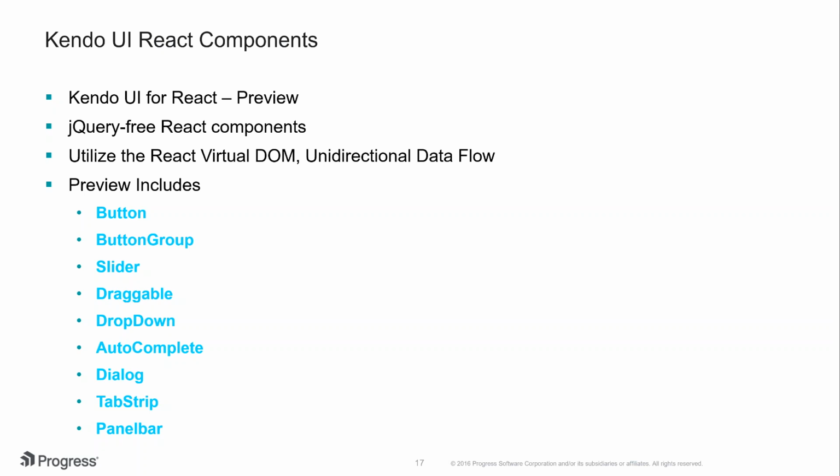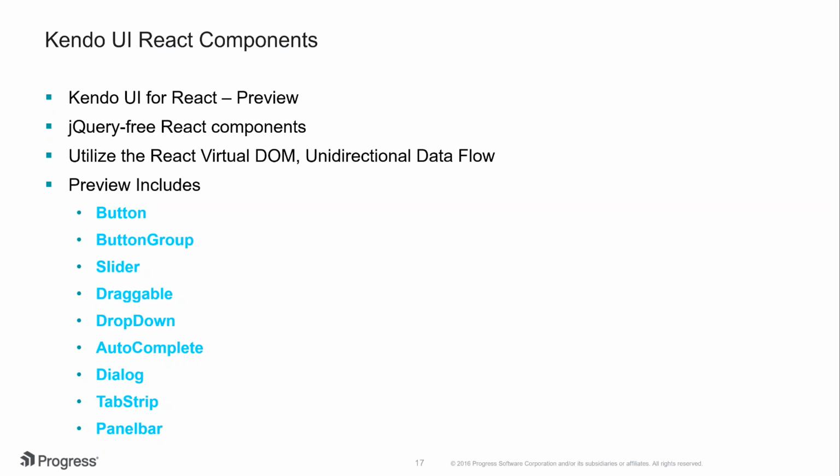We will be coming up with many more Kendo UI components added to the React world. So keep track of our blog posts, our releases, and that's when we put out our roadmap, our release notes saying, yeah, this is coming in so and so release, or in this current release we have enabled this many components.